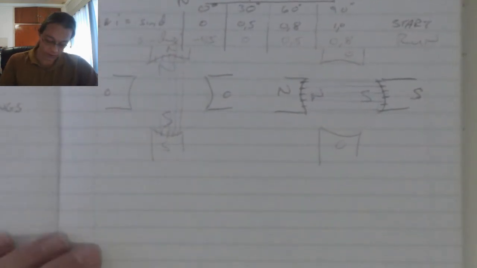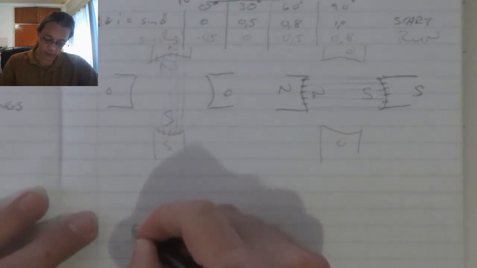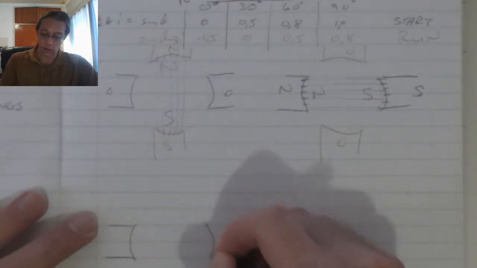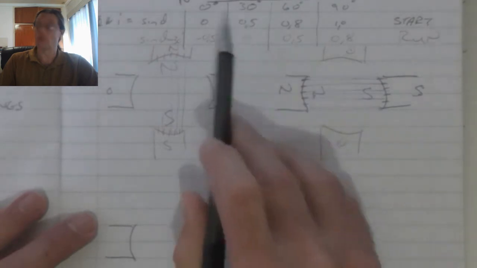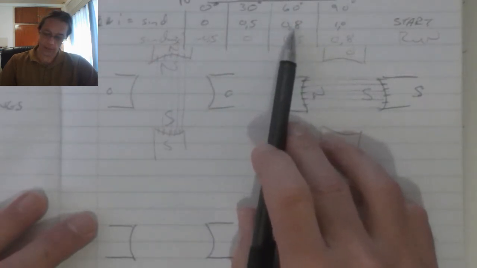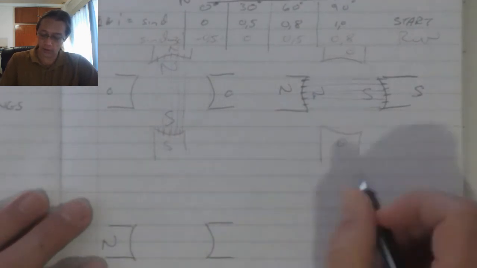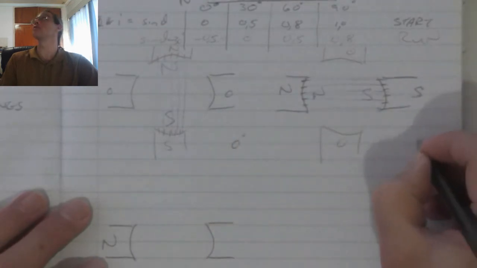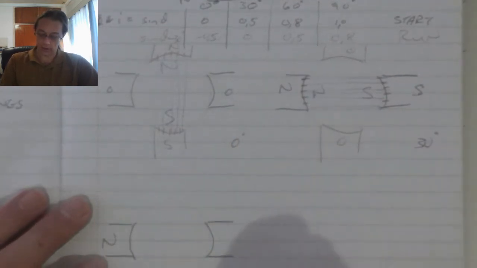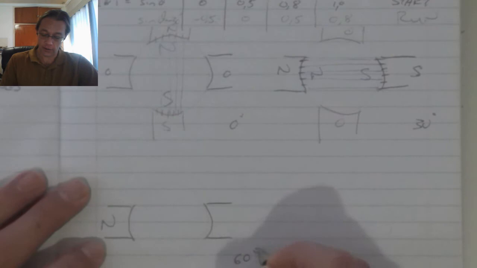If we do a third set, right now we're going to have 8 flux lines on my starting coil. That's still the north side, that's at 0 degrees, that's at 30 degrees, this makes it at 60 degrees.